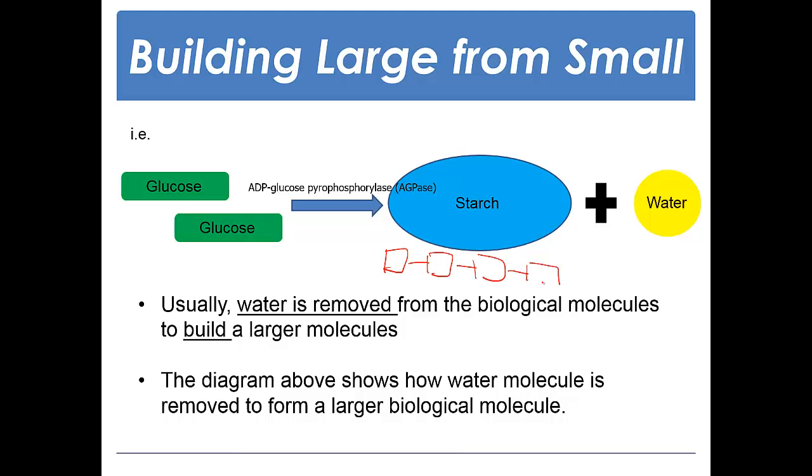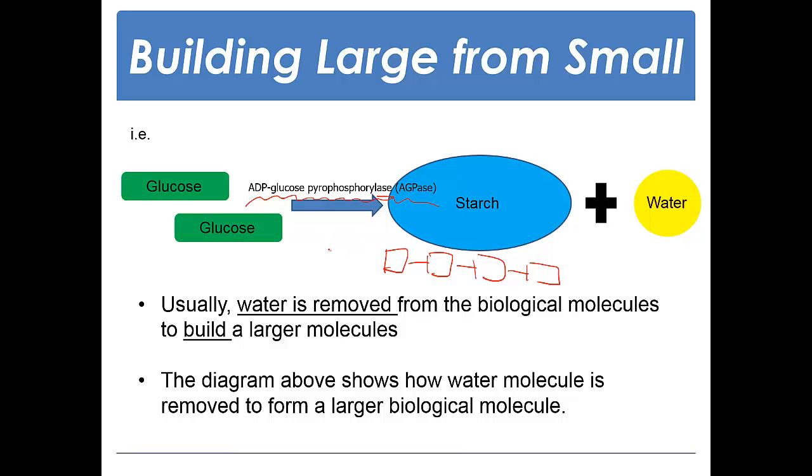What will happen is the water from the glucose itself will be removed by the enzyme to build up the starch and form the bonding. Don't get freaked out by the name here, because even Mr. Wong as a physics teacher would not remember this, so I would not expect you to memorize this.